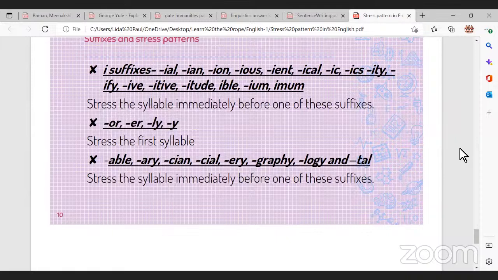So translate is again what is it? It's a verb. So it already has the stress marked on the second syllable. In verbs, you usually have it on the second one, right? So if it is a verb derived word, then usually stress doesn't shift. And anyway, it does not affect our overall stress pattern because any word with able is going to take the stress on the syllable right before it, and in this case it happens to be the same.